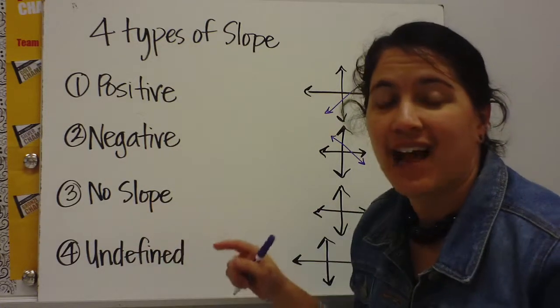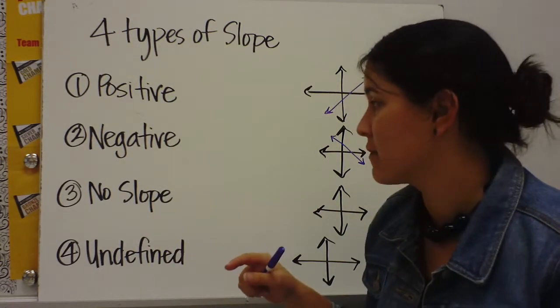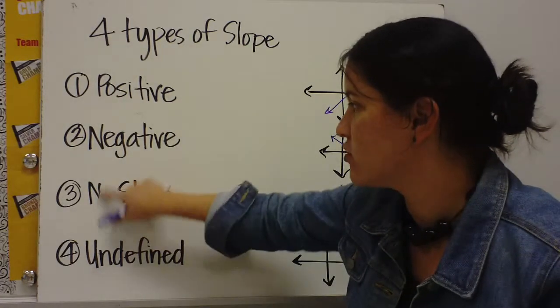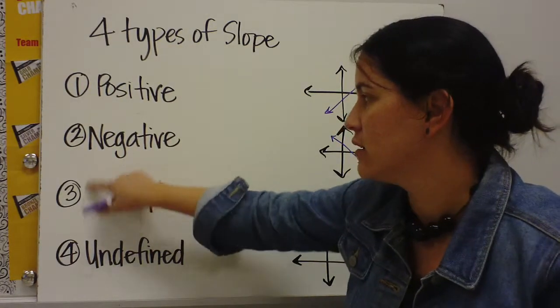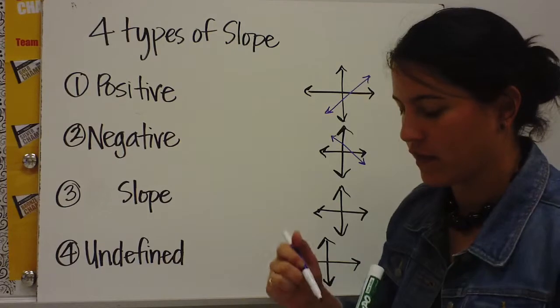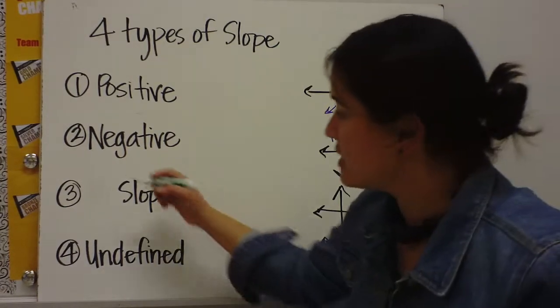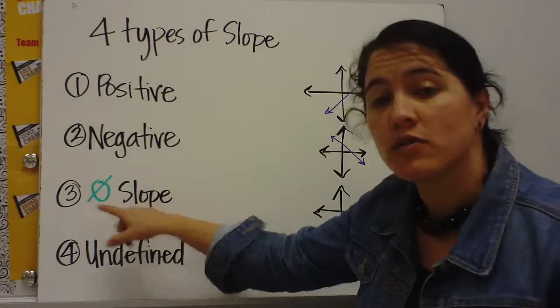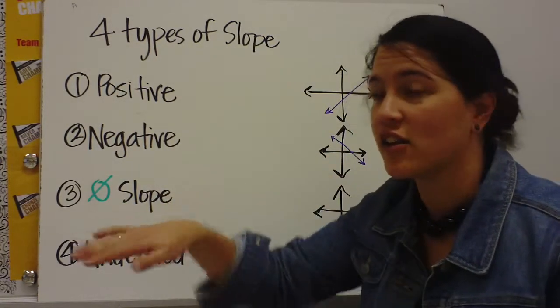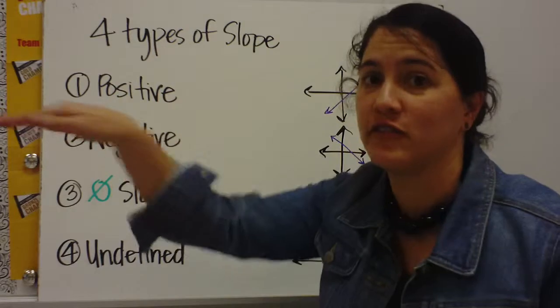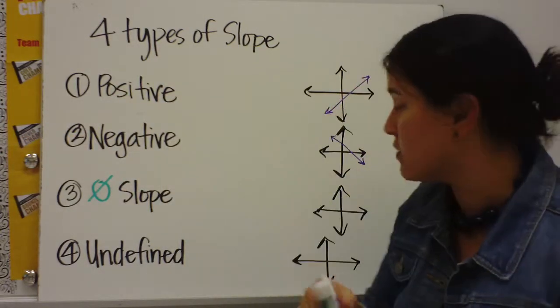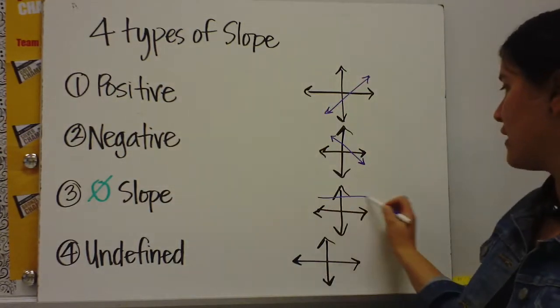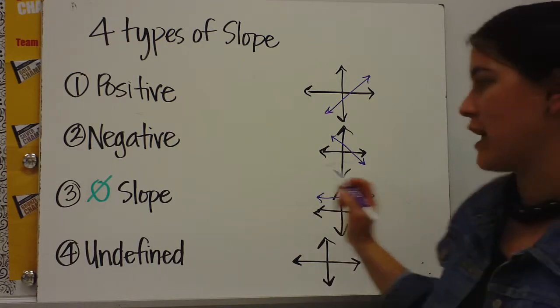Zero slope, that means it doesn't go up or down, it's just flat. So think about that. A zero slope is just a flat line that goes across like that.